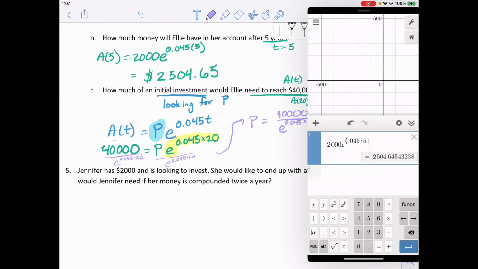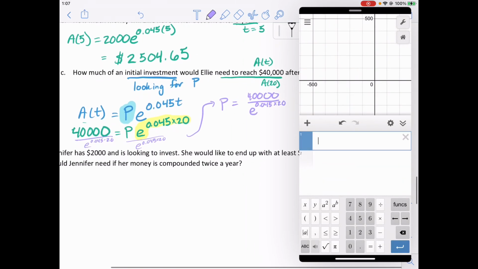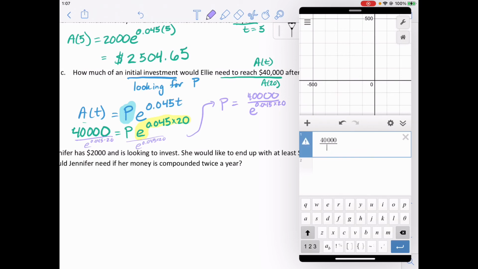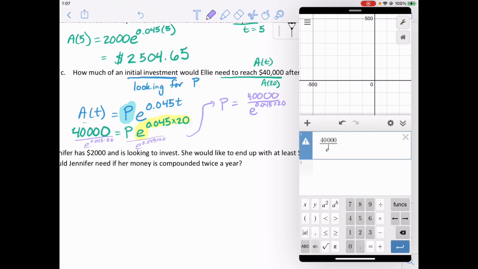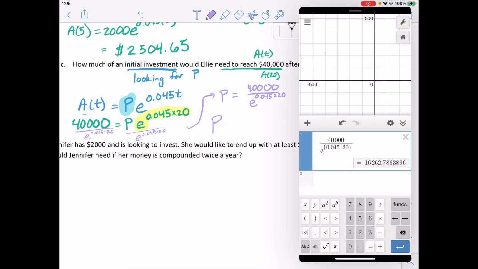And then we can put that into our calculator. We've got 40,000 divided by e, remember our calculator knows what that is, 0.045 times, put it in parentheses so it stays in the exponent, times 20.